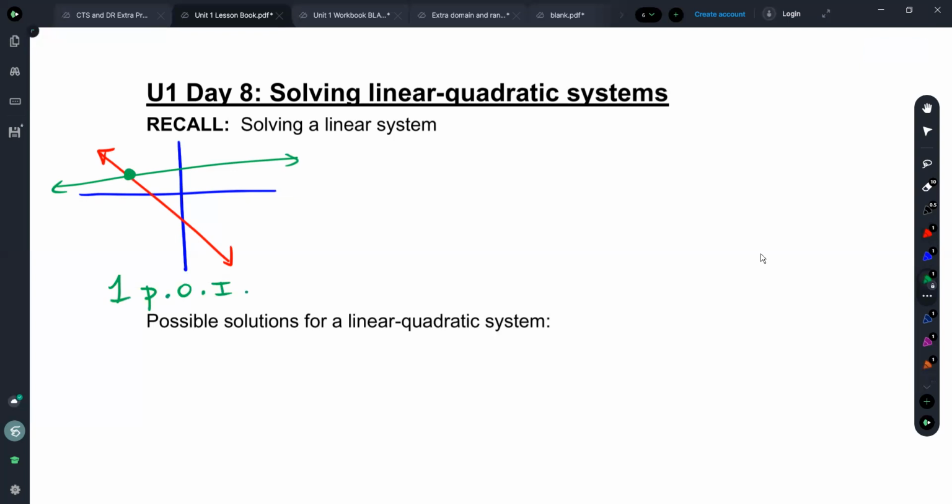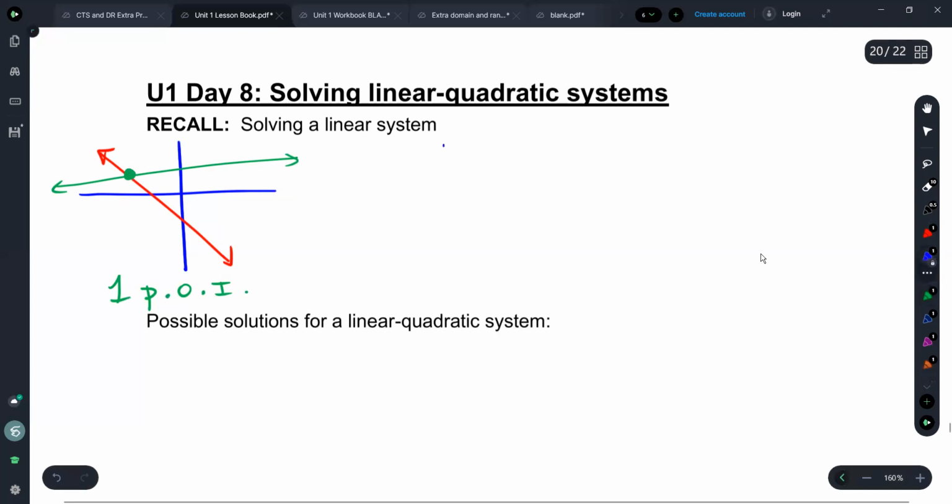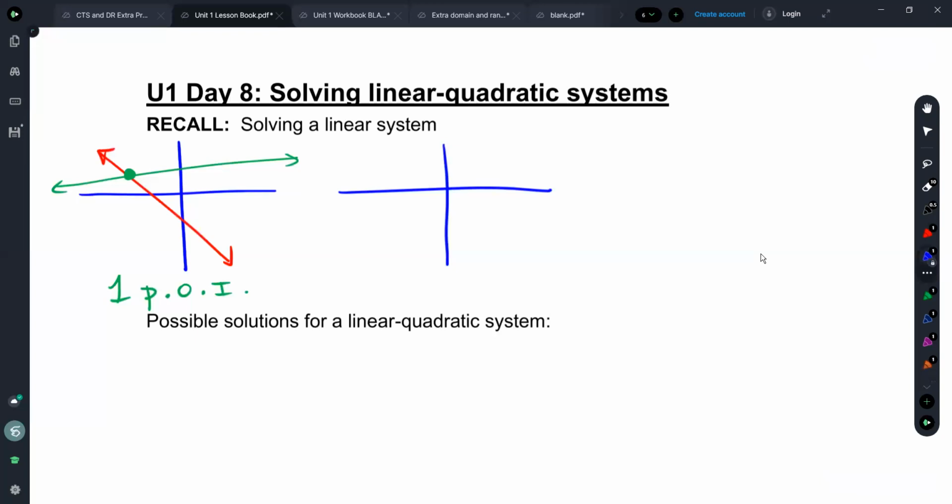What other scenarios could we have if we have 2 lines on the same graph? Is this the only possibility that I could have, that these lines have to cross?